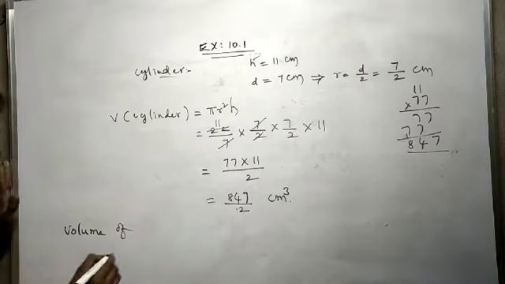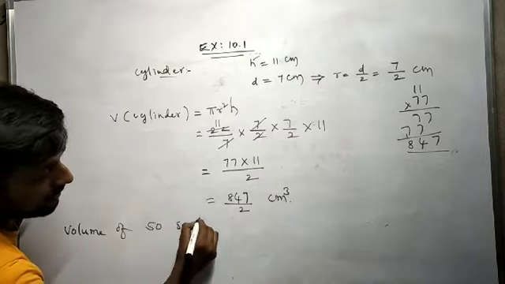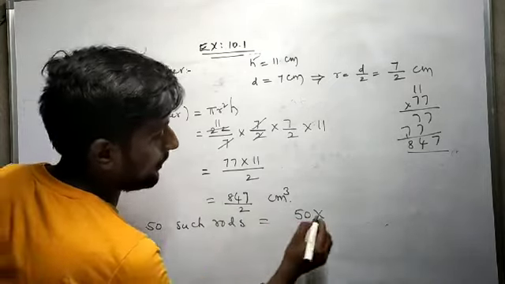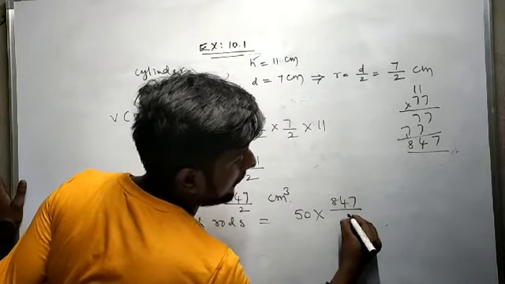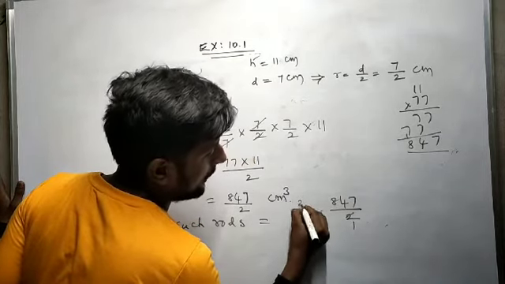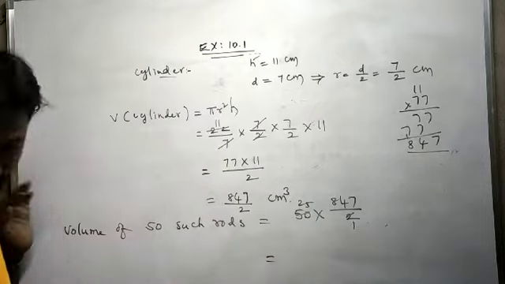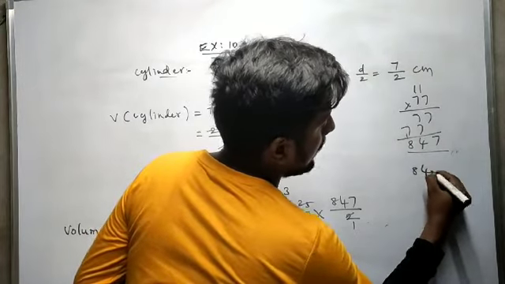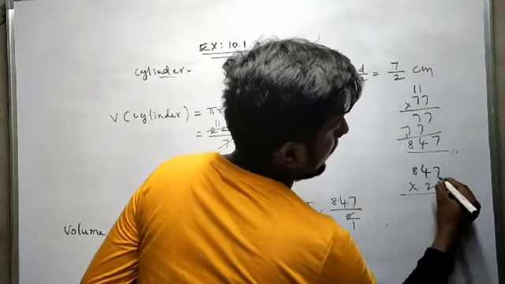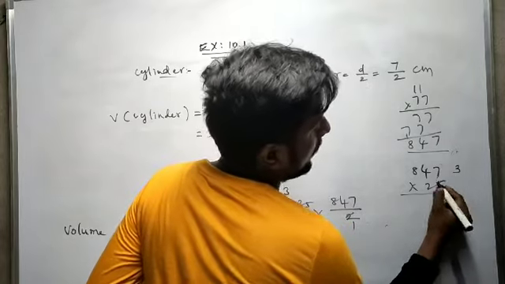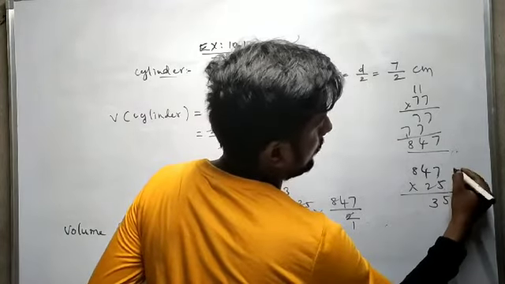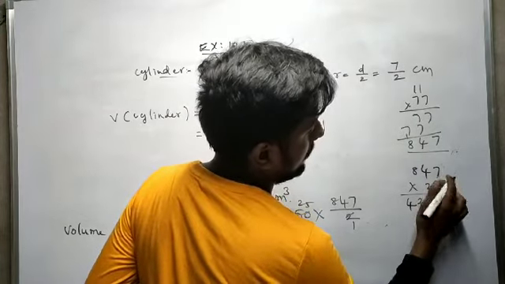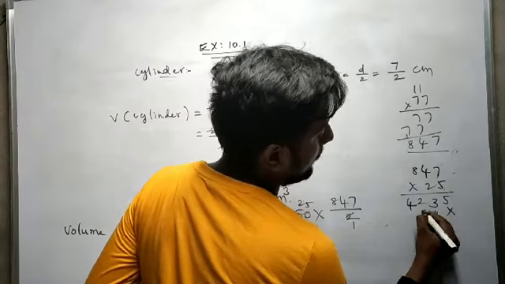Because now the volume of 50 such rods is equal to 50 into 847 by 2. So 2 ones are 2, 25 times. So 847 into 25. 5 sevens are 35, 3 carry. 20 plus 3, 23, 2 carry. 40 plus 2, 42. 2 sevens are 14, 1 carry. 8 plus 1, 9.